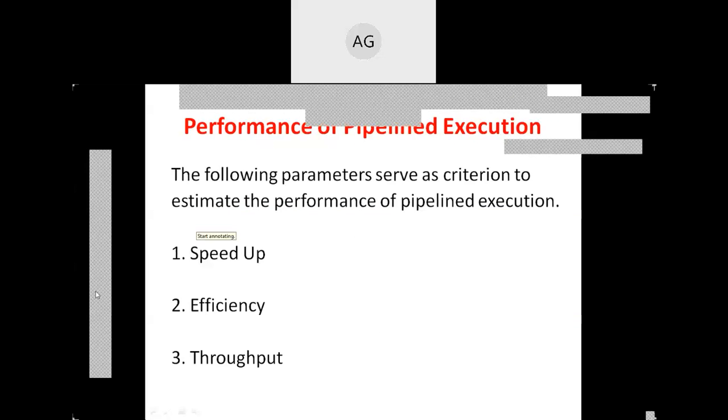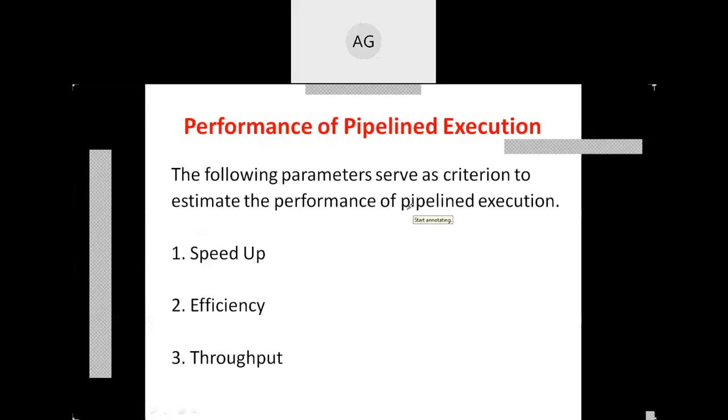Now come the other important parameters which we are going to consider in the case of pipeline execution, and many numericals in the exam are based on these parameters. The following parameters serve as the criteria to estimate the performance of pipeline execution.